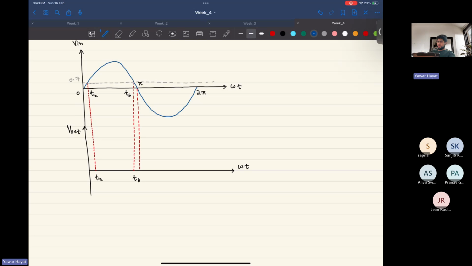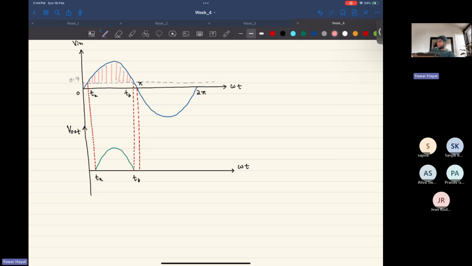It would be a scaled version of V input and have this shape, right? So this is the region for which the diode would turn on, right?